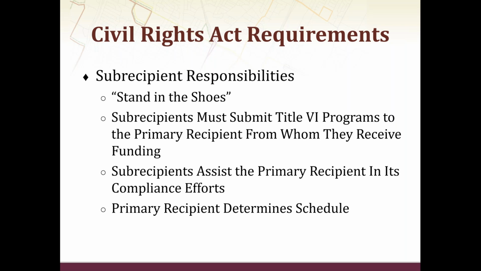And unlike with FTA, where they require the recipient's Title VI plan to be submitted every 3 years, actually 60 days prior to the expiration of the old Title VI plan, so they have a little bit of a chance to review it, whoever your direct recipient is, your primary recipient, they determine how often the subrecipients submit their Title VI plans. It's probably similar. It's probably on a 3-year rolling basis, but it's up to them.